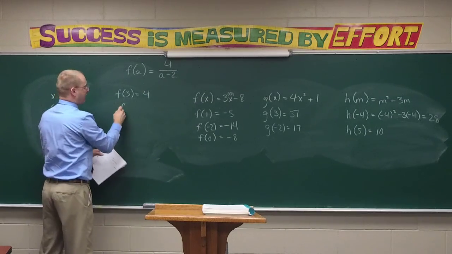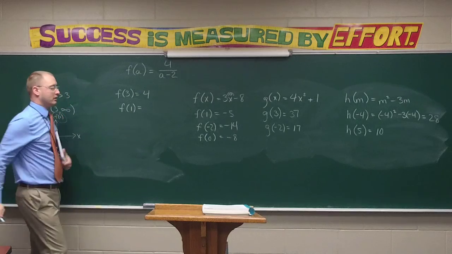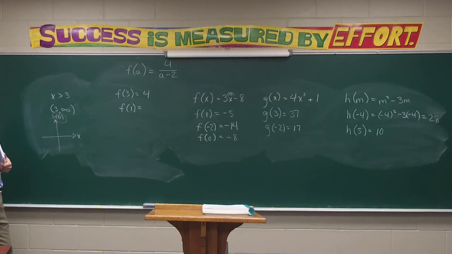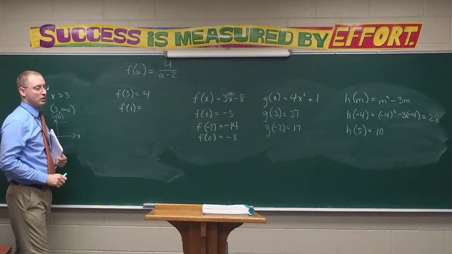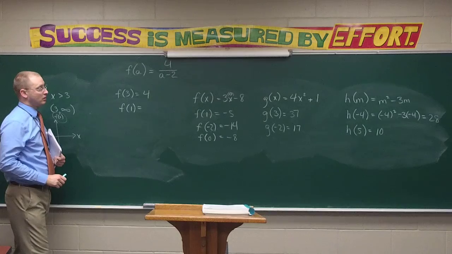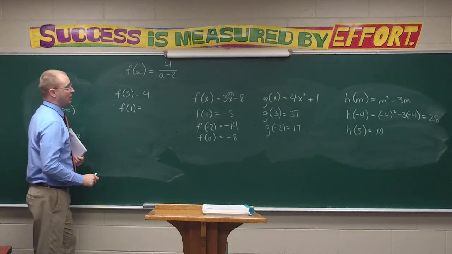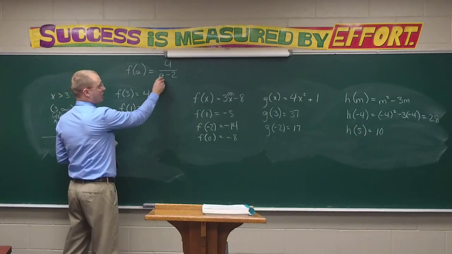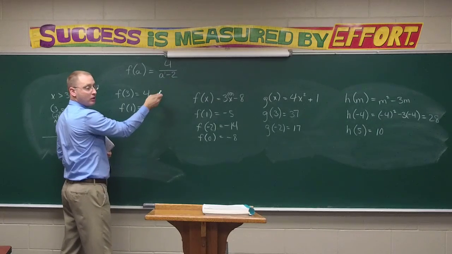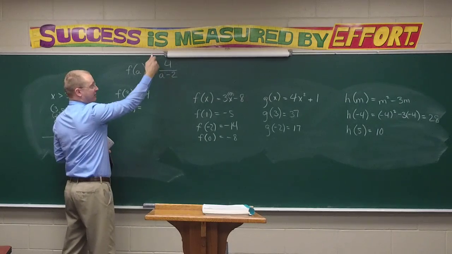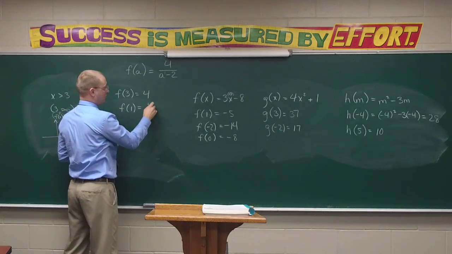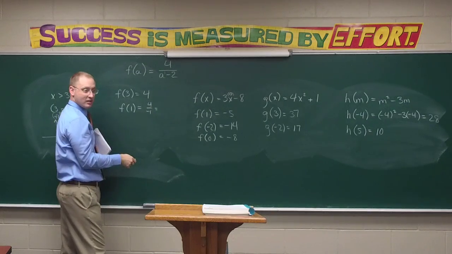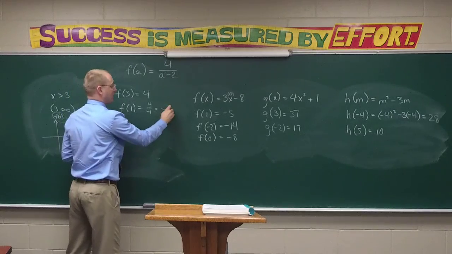What about f of 1? Genesis? And we're going to start by plugging the 1 in here where the a is, so 1 minus 2, and then 4 divided by negative 1. 4 divided by negative 1 is negative 4.